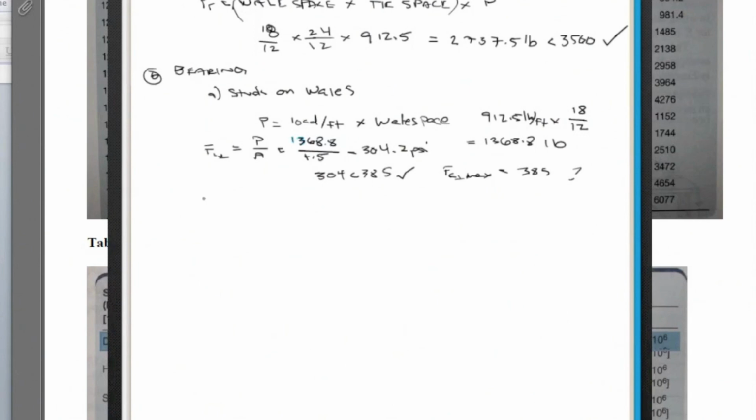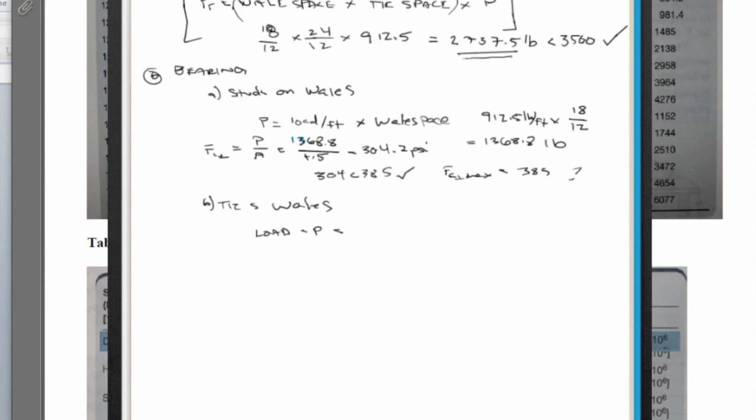Now let's look at the ties, kind of the tie wedges on the wales. So again, let's look at the tie load, the load on the tie. P is something we already found right here when we were looking at tie capacity.